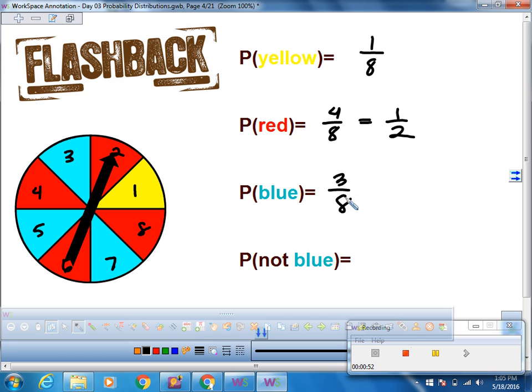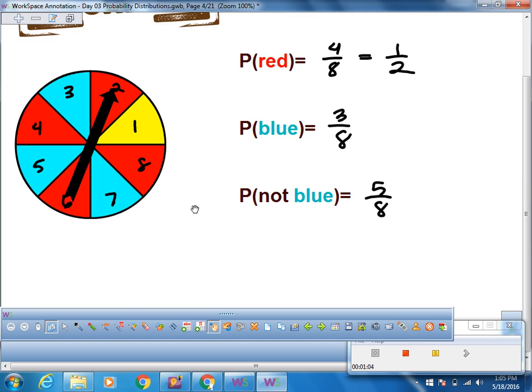What about not blue? Sarah, where did you get 5/8 from? Okay, you just counted. 5 of them are not blue.